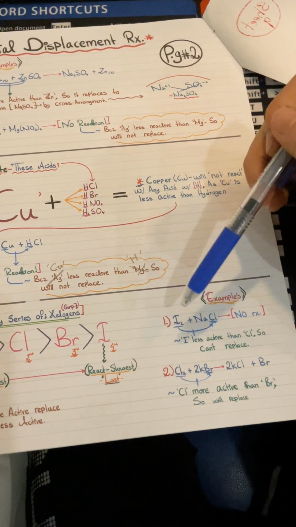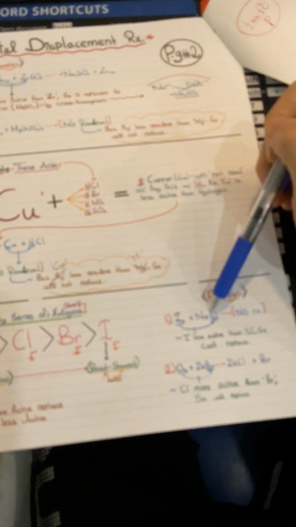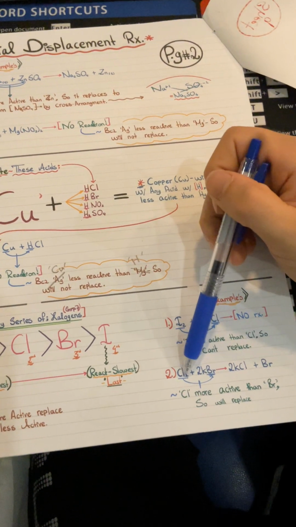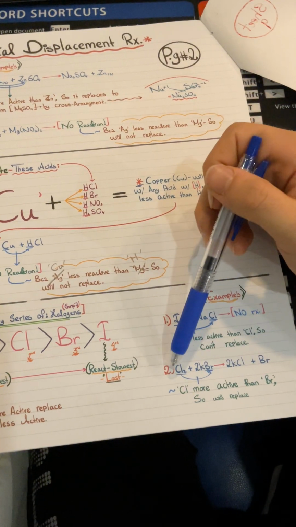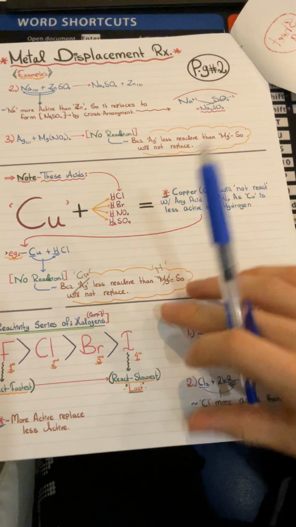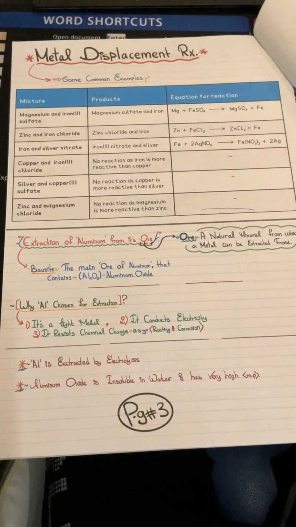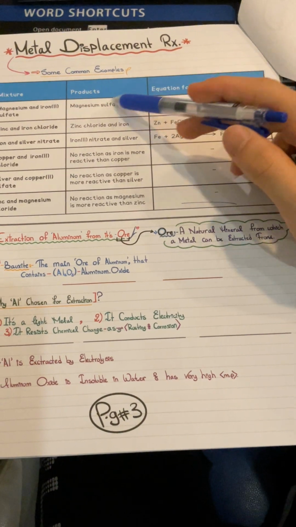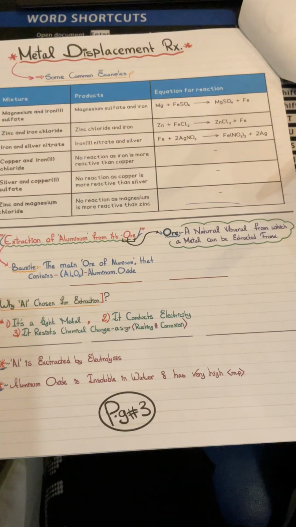For example, iodine plus sodium chloride, there will be no reaction because iodine is less active than chlorine. But here there will be a reaction, or displacement, because chlorine is more active than bromine, alright? So it applies the same rule. Okay, so these are just some common examples here. You can review this if you like.